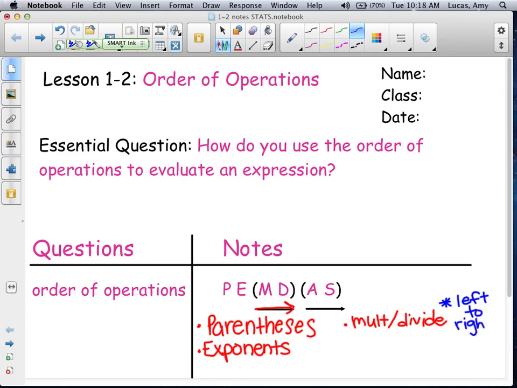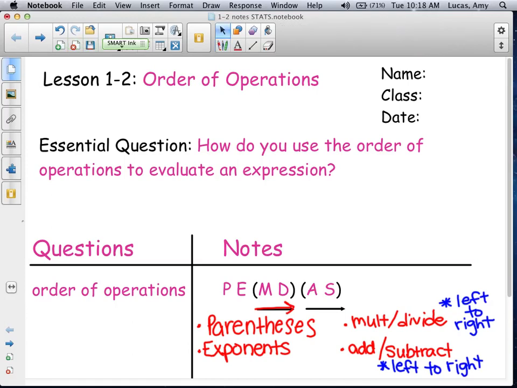So you don't add before you subtract necessarily. You have to consider those two operations as equal. So add or subtract from left to right. This is something that you should have learned in previous math classes, but what we found is the left to right piece sometimes gets forgotten.